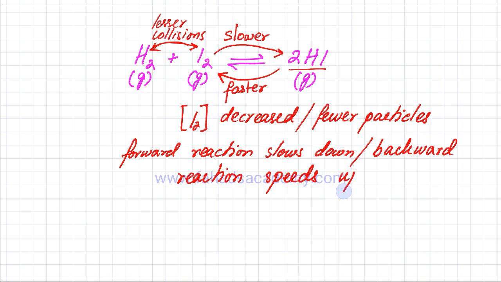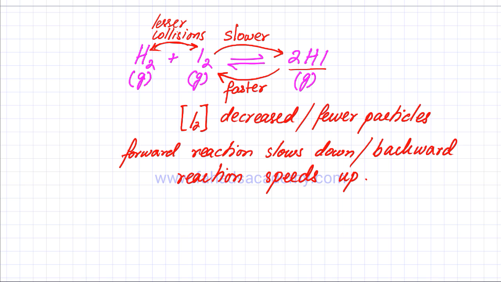And we're talking about the speeds in relative terms. We are only comparing the two reactions. Faster means that this reaction is faster compared to the forward reaction. So the forward reaction slows down, which means the backward reaction is now relatively faster.